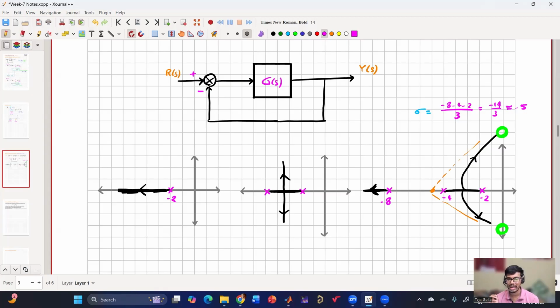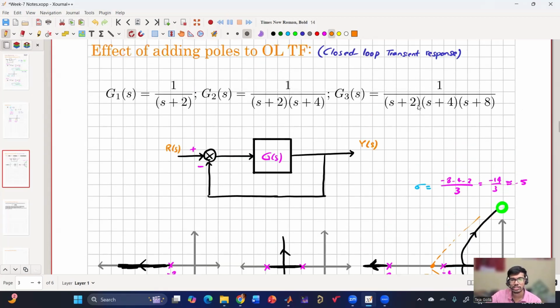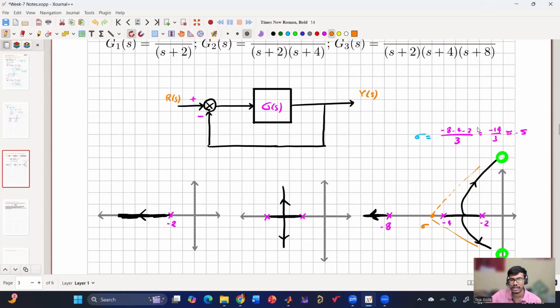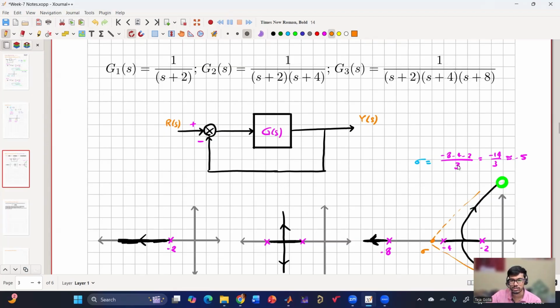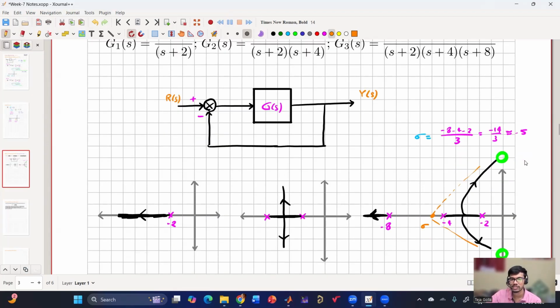To calculate the asymptotes, first I calculate the centroid, which is the sigma. Sigma is summation of poles minus summation of zeros, divided by number of poles minus number of zeros. My poles are at minus 2, minus 4, minus 8, there are no zeros, so divided by the number of poles, it is close to minus 5. So my sigma is at this point. Then to calculate the angle of the asymptotes, theta is 180 degrees into 2n plus 1, divided by number of poles minus number of zeros.